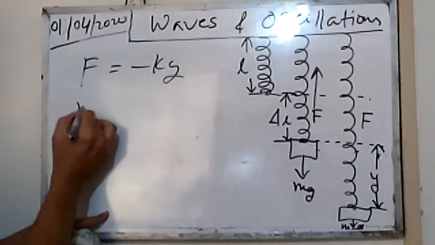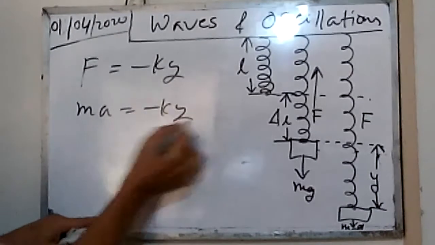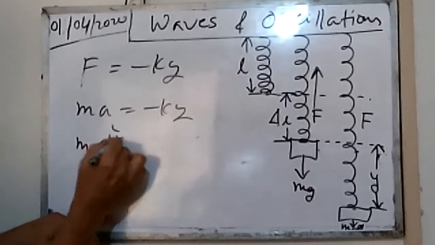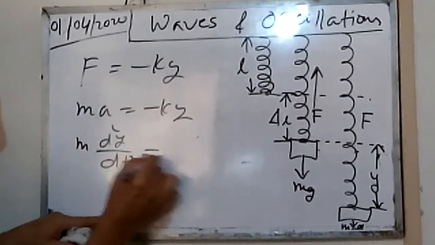Now similarly, F equals ma equals minus Ky, so m d square y by dt square equals minus Ky.